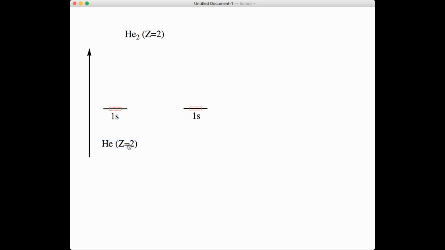Remember, what I'm doing here is building the molecular orbitals for a molecule of He2, which means that I'm bringing together two atoms of helium to build a molecule of helium. So since we agree that the electronic distribution is 1s2, I'm going to simply add two electrons here in the first level.